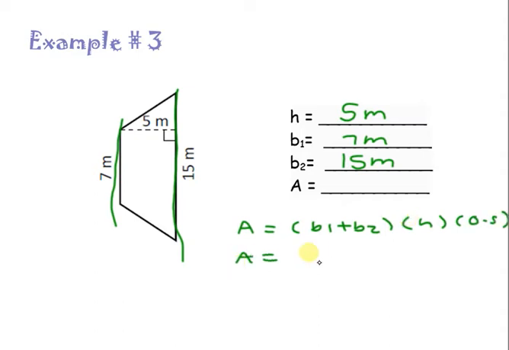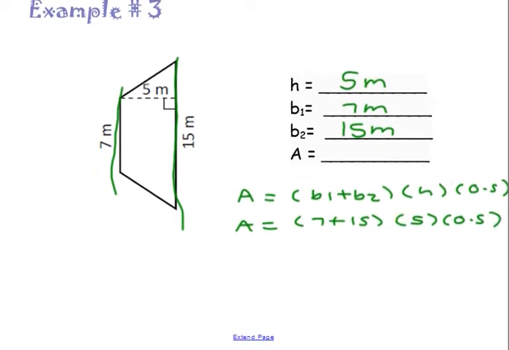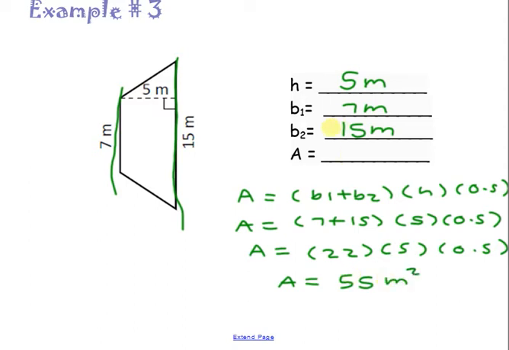Area equals 7 plus 15 times 5 times 0.5. Area equals 7 plus 15 is 22 times 5 times 0.5. And when you multiply all of that together, you're going to get 55 meters squared. Not bad once you start working with the formula.